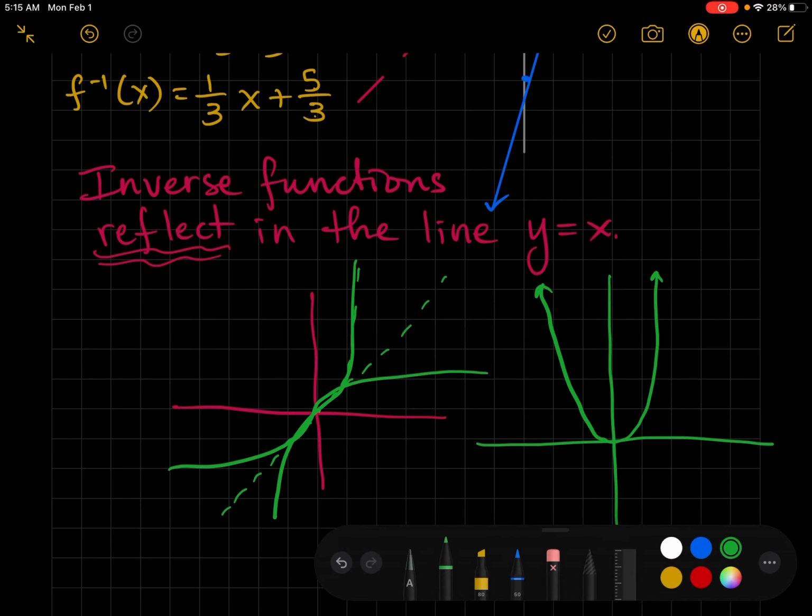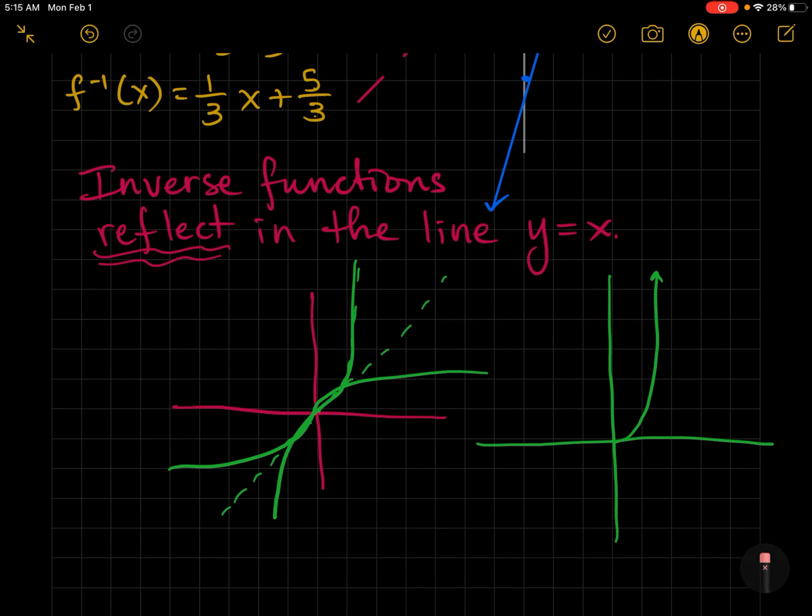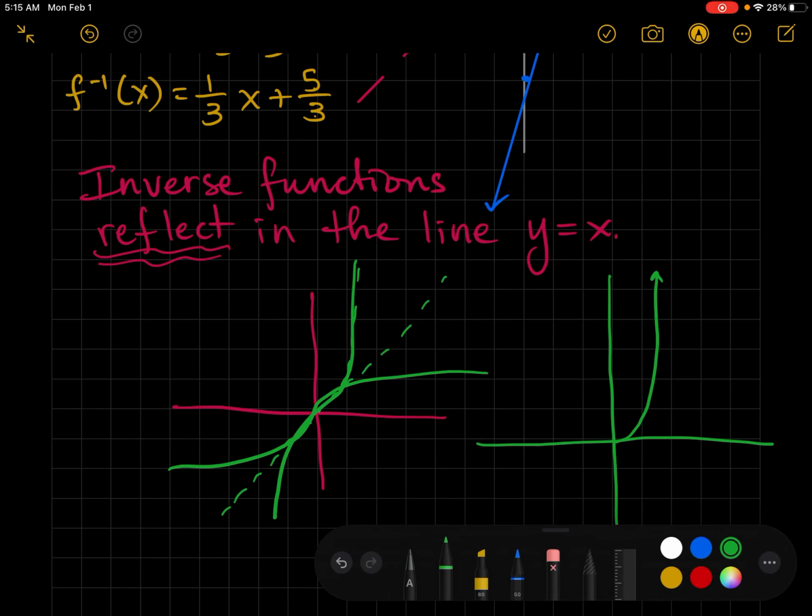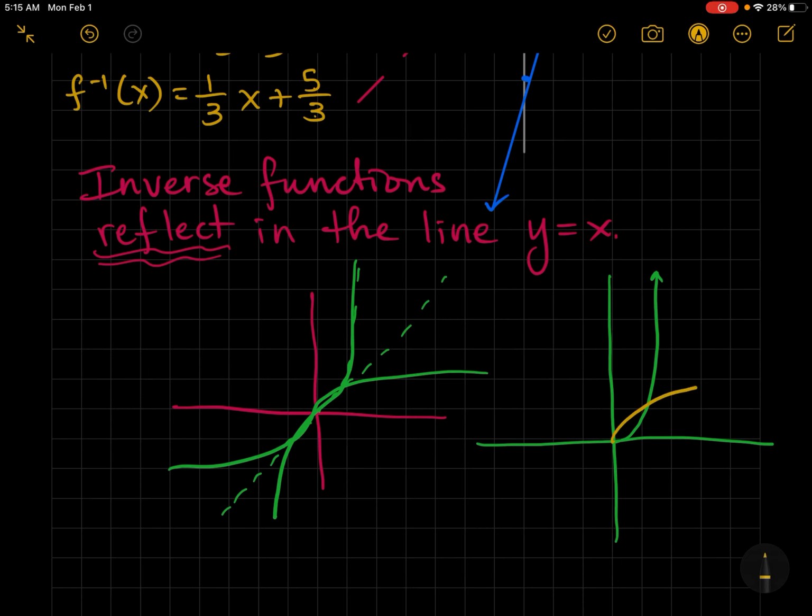So we're going to restrict the domain, and you're going to see that the inverse is the square root, and you'll see that reflection. So I want you to be aware that all the inverses reflect in the line y equals x.